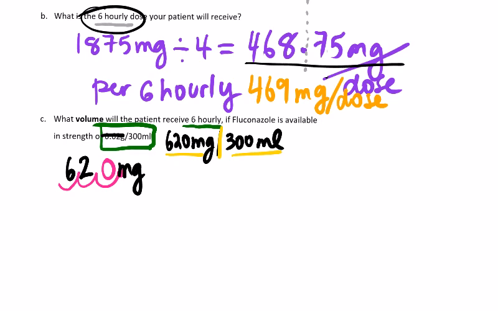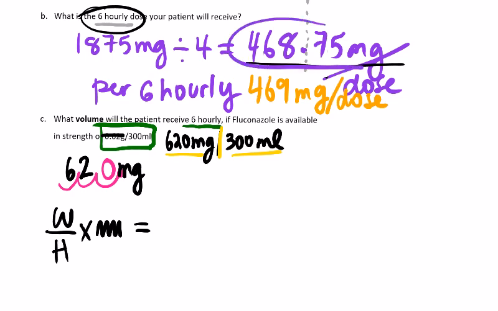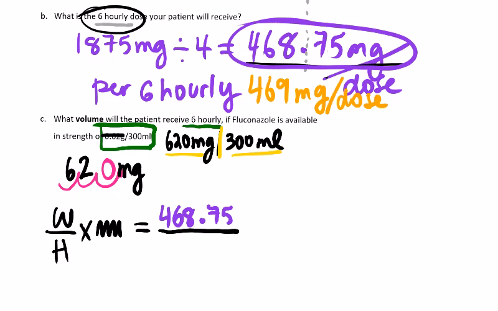So if we are using the formula, we will say 1/2 times the volume, or the third quantity we want to give to the patient, and here is one detail we need to be careful with. Let's not use the rounded answer. We'll use the answer that is not rounded, so we have more accuracy. The patient will need 468.75 milligrams every 6 hours.